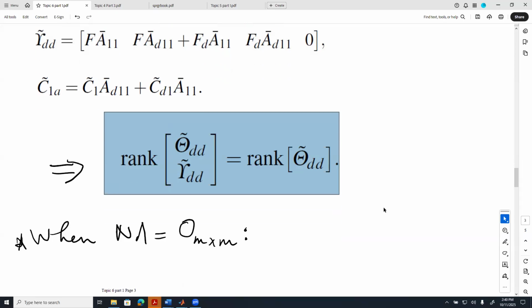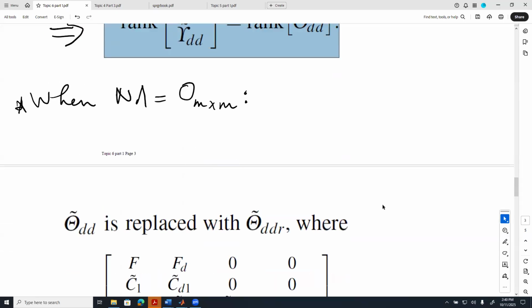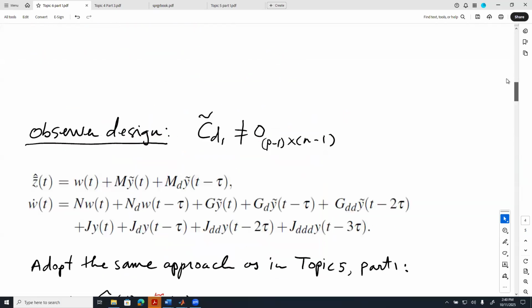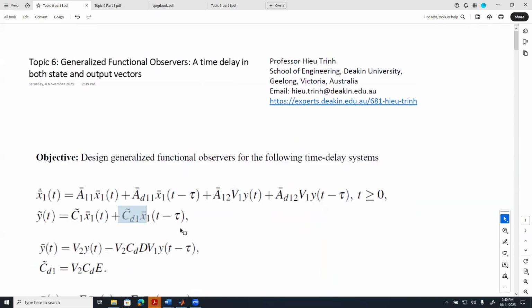This is because of the extra columns in this matrix here, which came from this bit here.